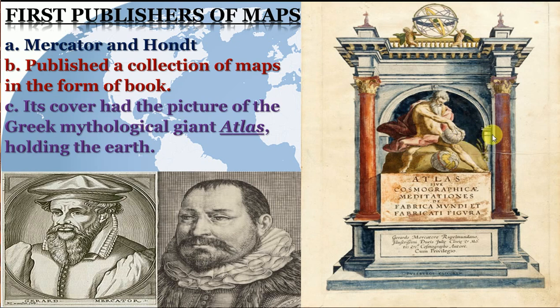And since then, a book of maps is known as Atlas. Mercator and Hont were the first publishers of maps who published a collection of maps in the form of a book.